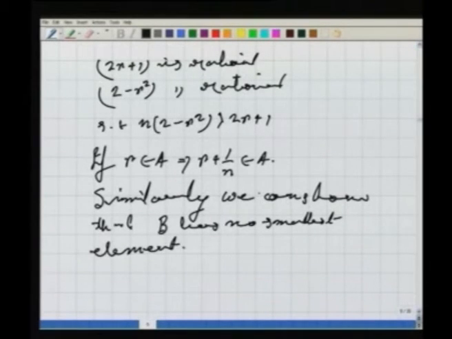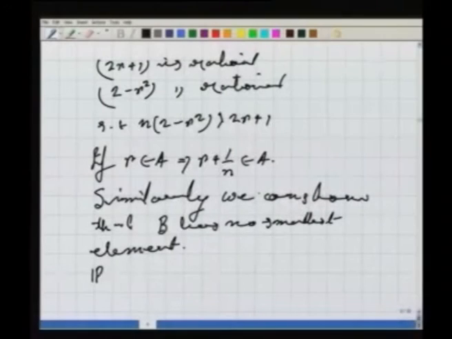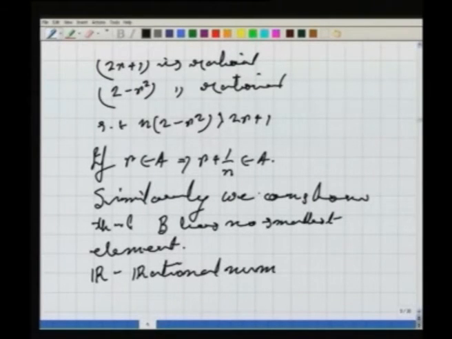And this essentially shows that the set of real numbers has certain gaps. That is, to fill in those gaps, you throw in the set of irrational numbers. That is, now the whole collection of real numbers stands for rational numbers and irrational numbers.